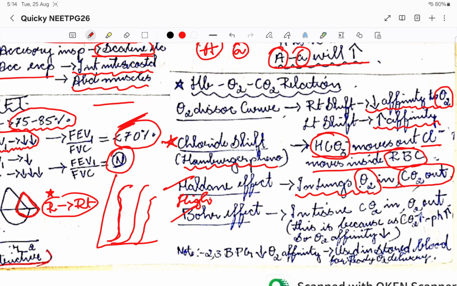Okay, so this is the diffusion happening in the lungs, whereas in the tissue, the Bohr effect is happening, where carbon dioxide moves into the RBC, and oxygen moves out of the RBC. So two opposite actions. Okay, this is the thing.